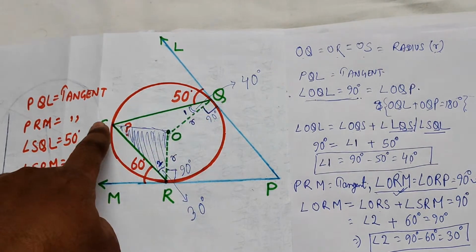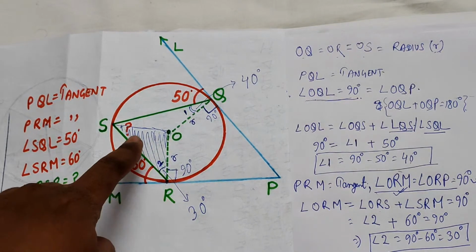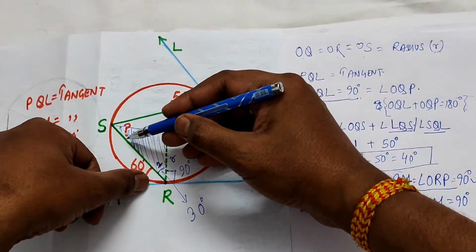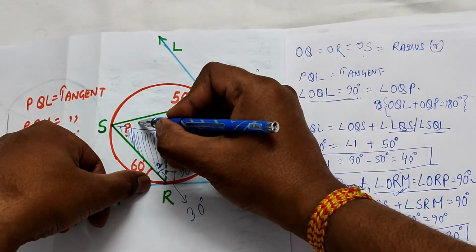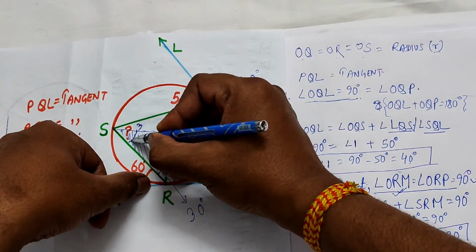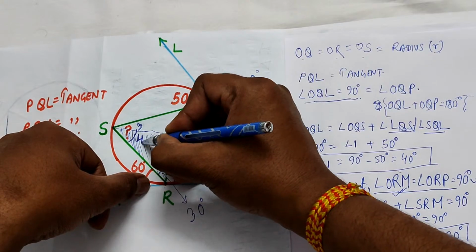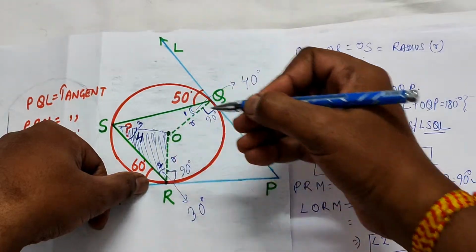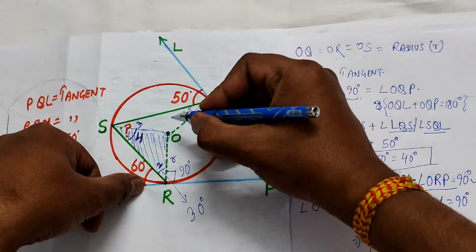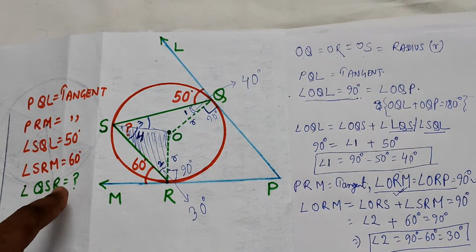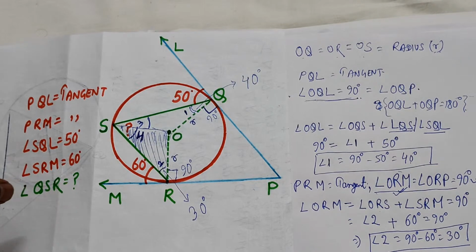This is Q, this is S, this is R. So to calculate angle QSR, we can say that this can be angle 3 plus angle 4, right? Angle 3 and angle 4 will give you angle QSR, right? So do one thing.